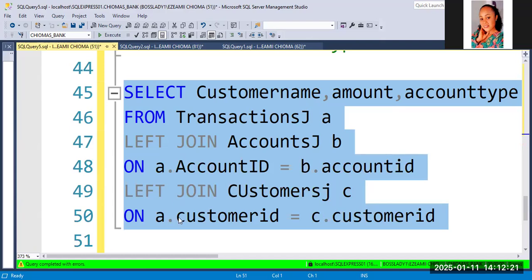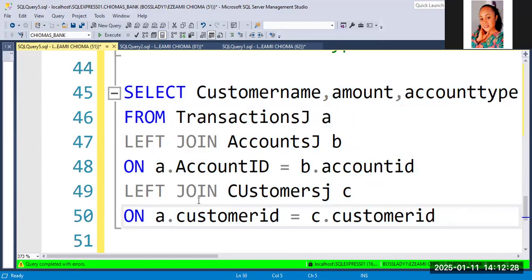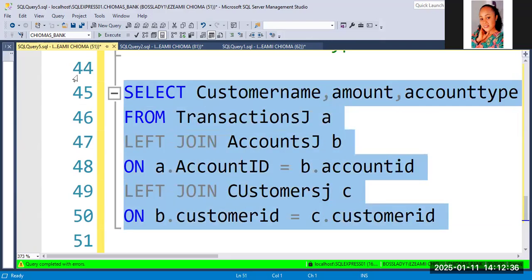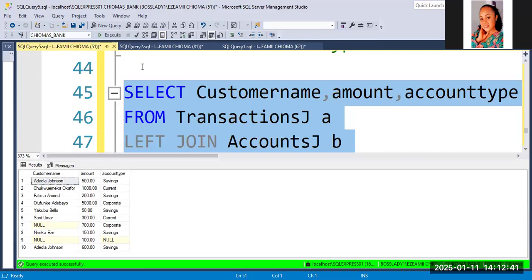Oh, sorry. We don't have a customer ID on the transaction table. We have customer IDs on the account table. So we're joining on B dot customer ID equals to C dot customer ID. Because of time, I don't want to keep checking the table, but in real life work, you have to check the table to make sure of the column you're joining. The system will prompt you if you're not joining on the right column, just like it did now.